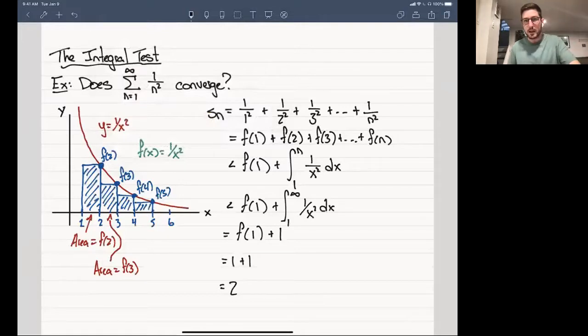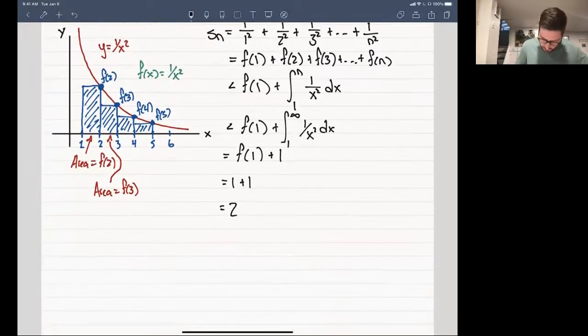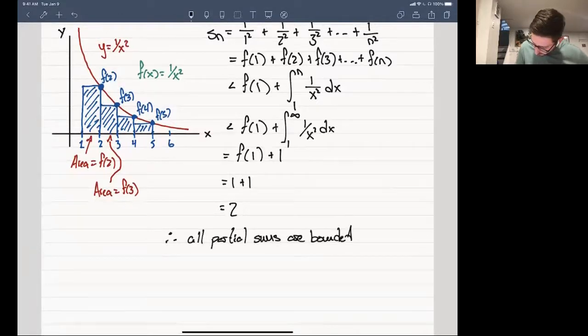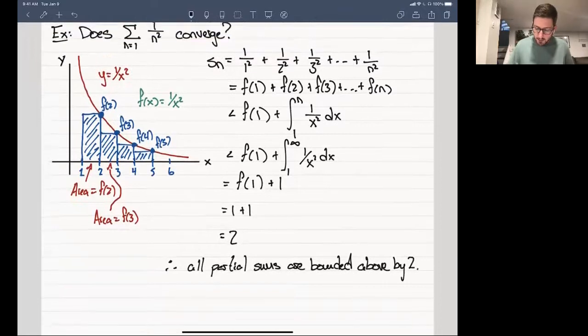And so what this tells me, therefore, is that all partial sums are bounded above by 2, right? That's what this is telling me here.